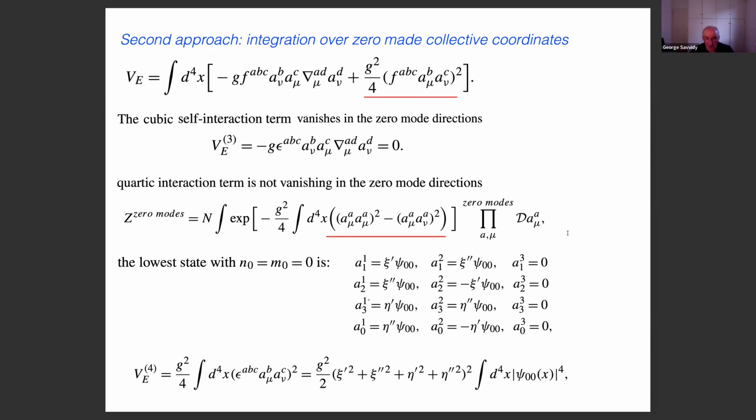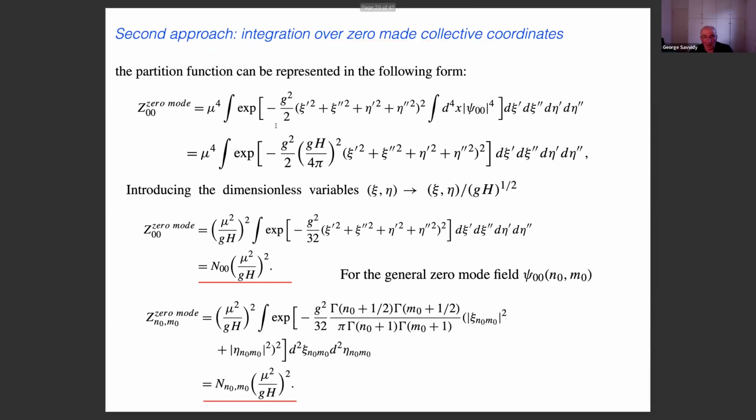Now, if we substitute this wave function into the exponent, we have to calculate the quartic term. So what we find is these amplitudes of zero modes, psi prime squared, real part, imaginary term, real part, imaginary term, times the four-dimensional integral of the ground wave function.